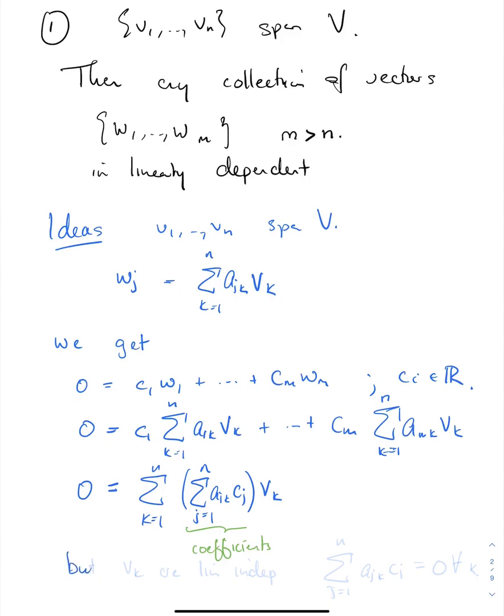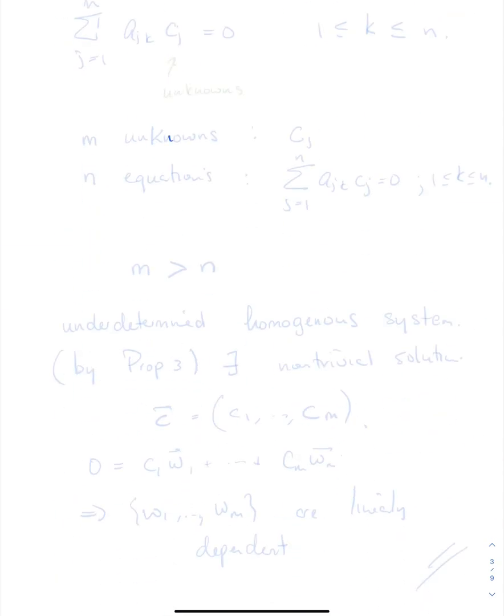But remember, the Vk's are linearly independent. So this sum is going to be 0 for all k. Let's take advantage of this. So what we have is this thing.